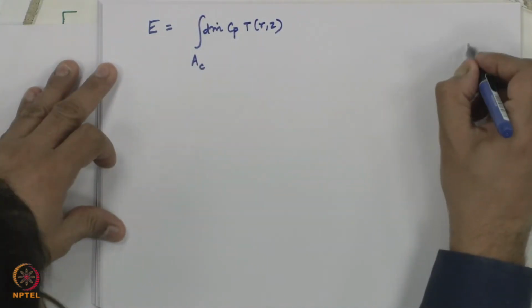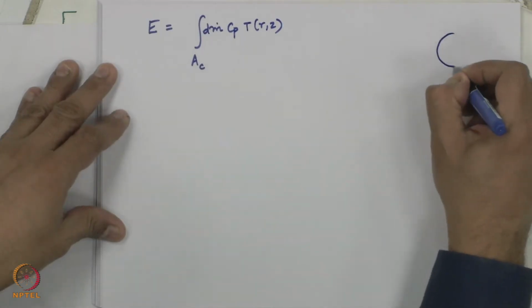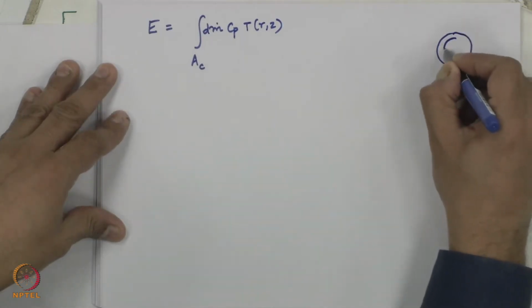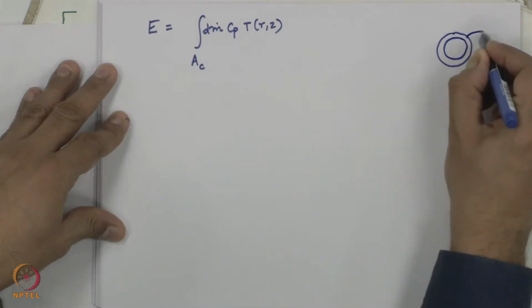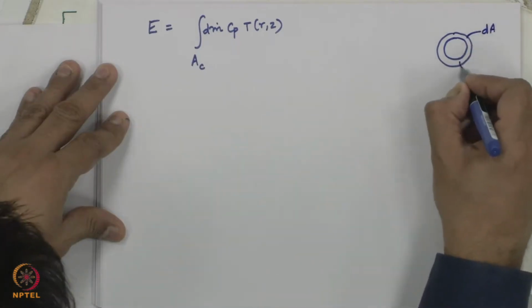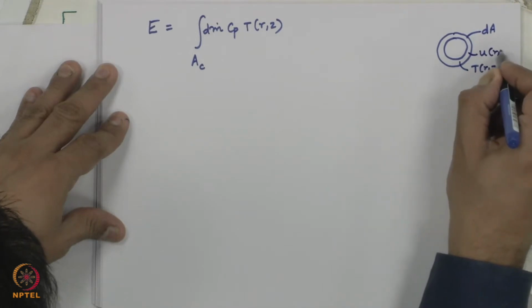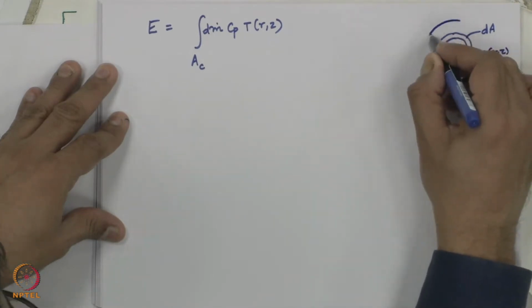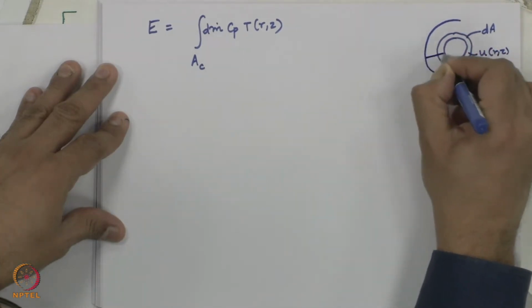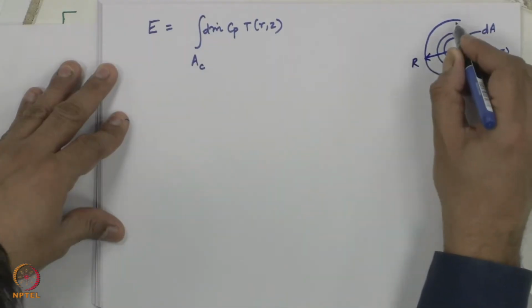So, I have this ring of fluid whose area is dA. This is my ring of area dA, whose temperature is T of r comma z, whose velocity is u of r comma z. This is a part of a larger pipe whose radius is capital R. Okay.